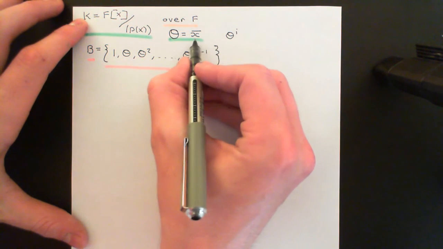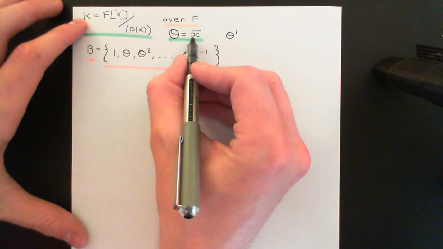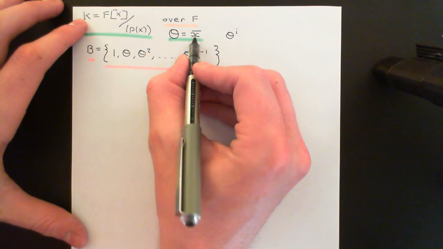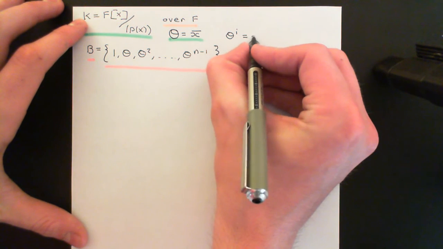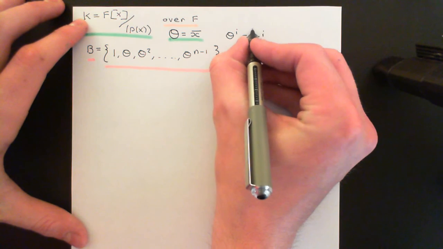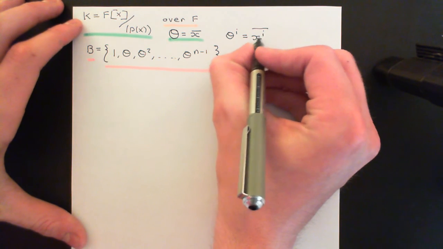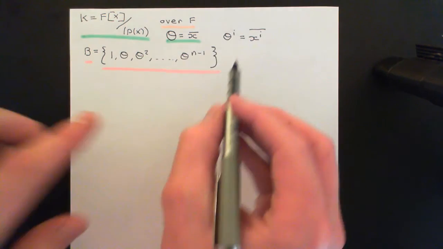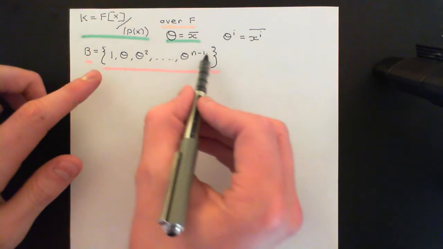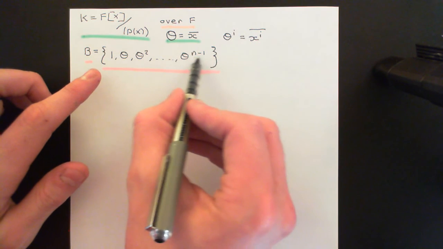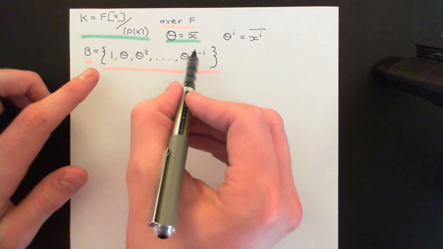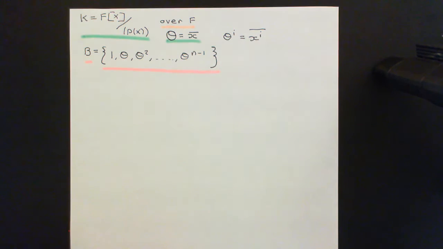Now, which representative are we going to use from this coset? Well, of course, we're going to use the representative x. So what we'll end up with is the coset that contains x to the power of i, the polynomial x to the power of i. Now of course we're assuming i is strictly less than n here, because we go up to n minus 1, so we certainly don't get up to n.